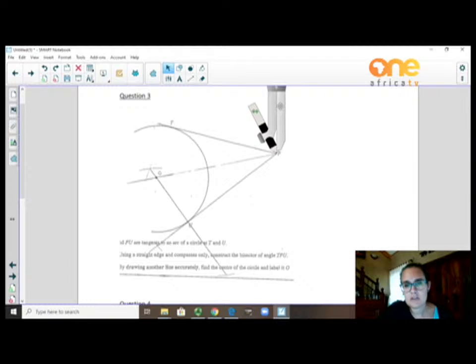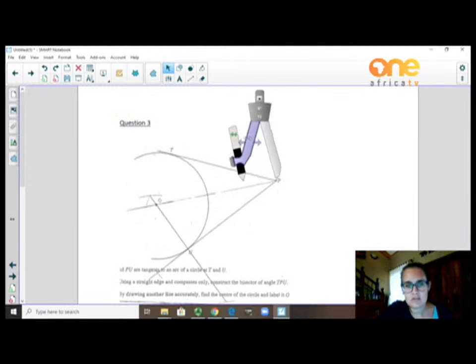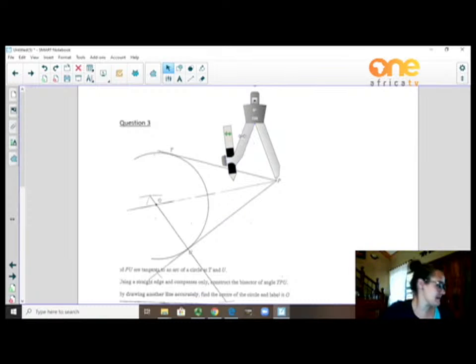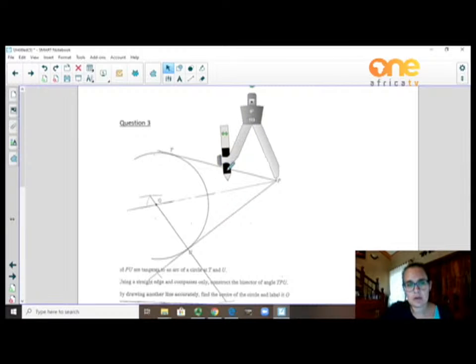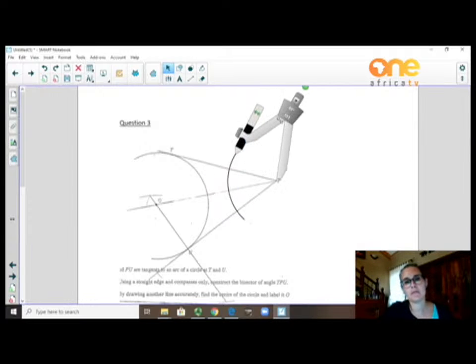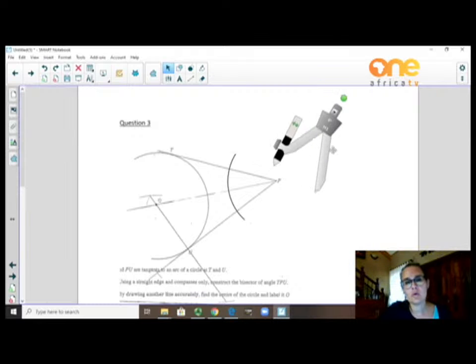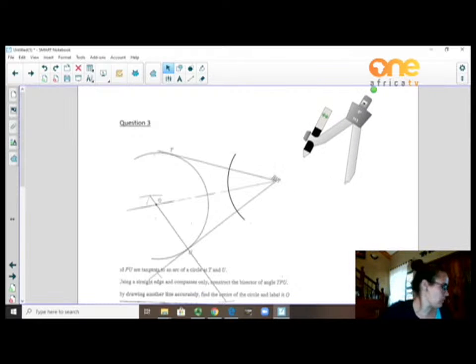So constructing my angle bisector, that was your decision how large you want it. This is probably not going to be exactly on scale, but you make part of your circle on your line or on your angle P.